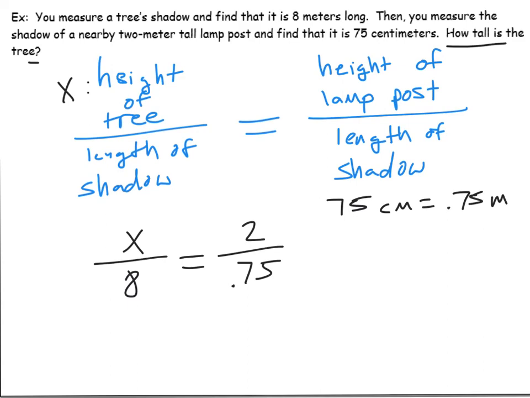75 centimeters is 0.75 meters. Now I've got the ratio set up. I'd say 2 divided by 0.75. If I multiply this side by 8, multiply that side by 8, X is all by itself.